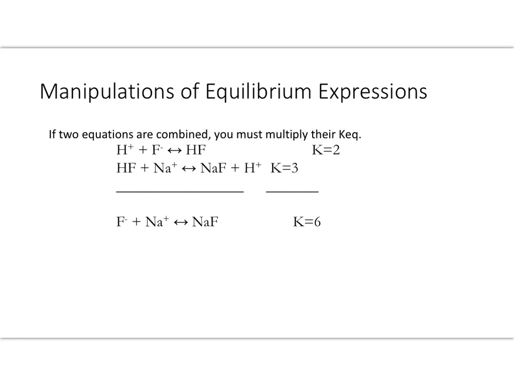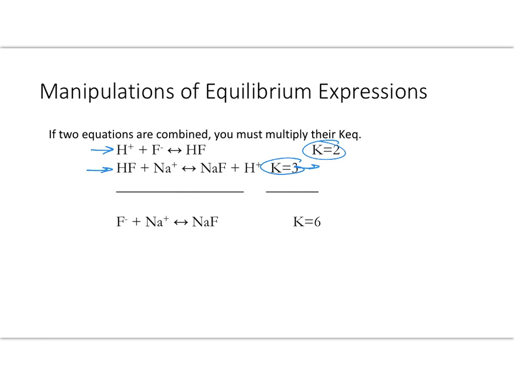Another manipulation we can do is adding equations together. So this is kind of like another extension of Hess's law. So we have two equations, and we have each of their K values. So the equilibrium constant for the first equation is 2, the equilibrium constant for the second equation is 3.